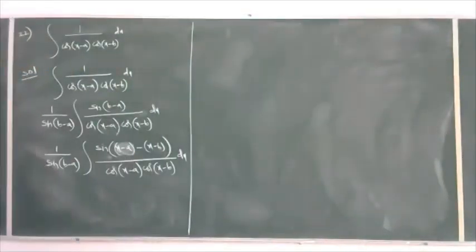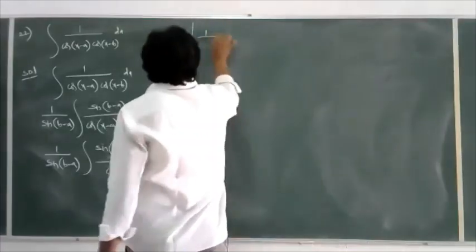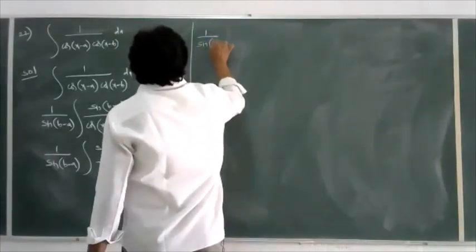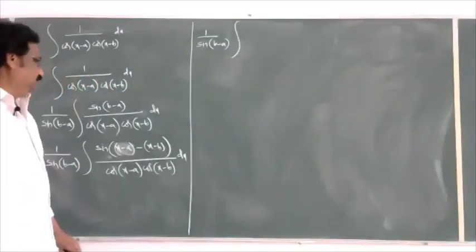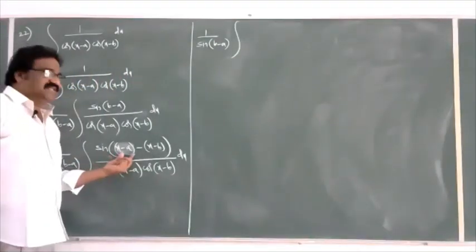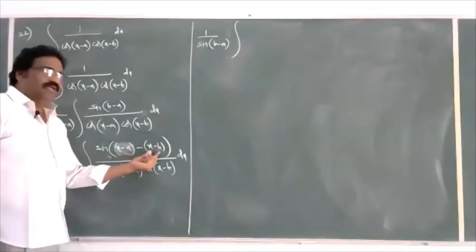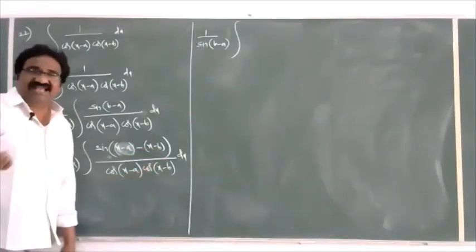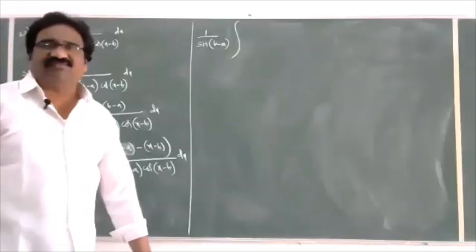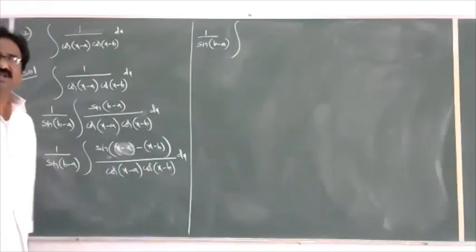Then next step, 1 by sine of b minus a is a constant, you write it outside. Into the integral, here observe, you consider this is a, this is b. Sine of a minus b is sine a cos b minus cos a sine b, the compound angles formula.